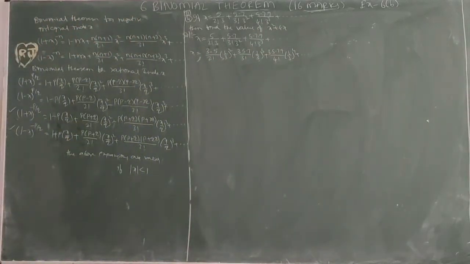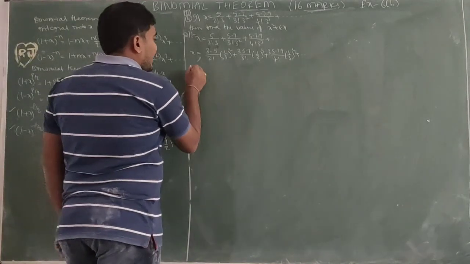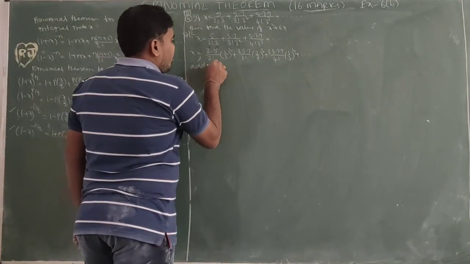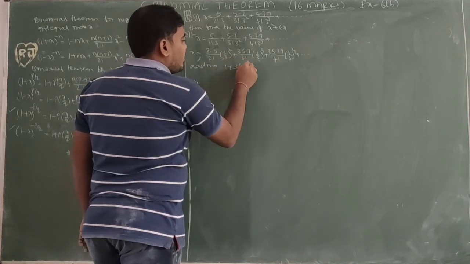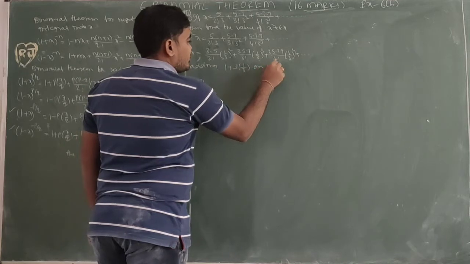But if we observe, all terms are positive, so we must choose the formula 1 minus x whole power minus p by q. In this all terms are positive, but 2 terms are missing, 1 and p into x by q. So adding 1 plus 3 into 1 by 3 on both sides.